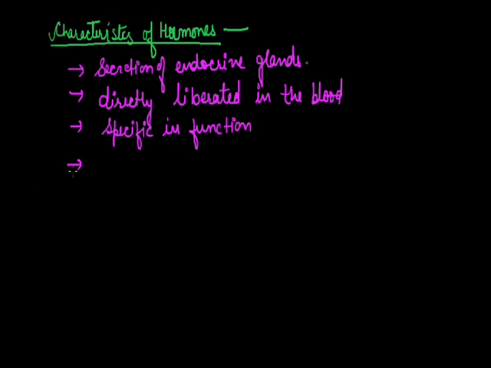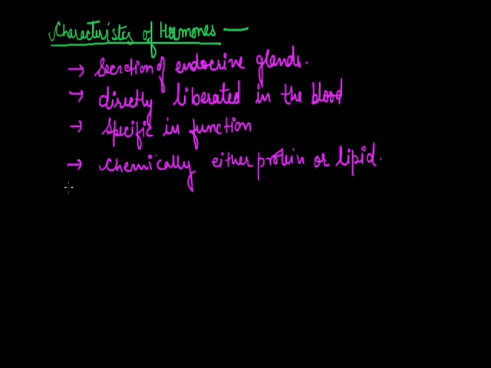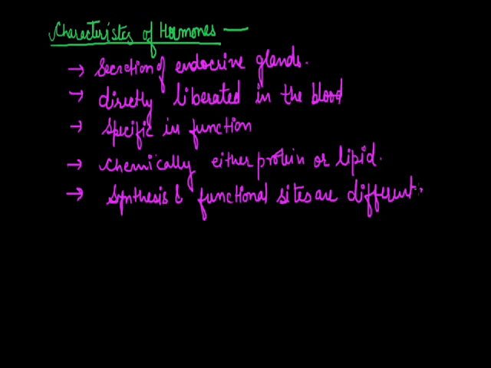Chemically, they are protein or lipid. They move through the bloodstream throughout the body and act on specific organs, known as target organs. So the synthesis and functional sites of hormones are quite different. More or less amount of hormone always causes a disease.